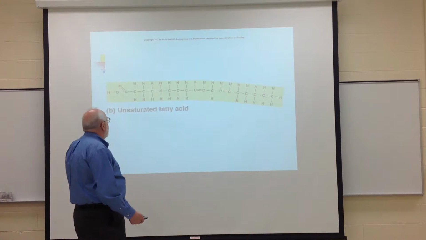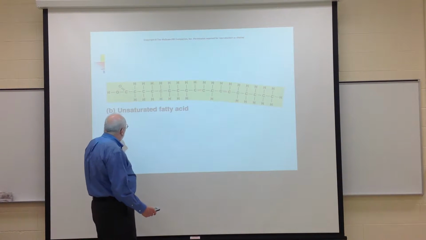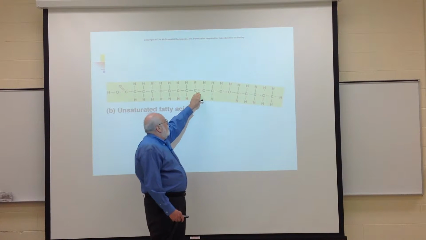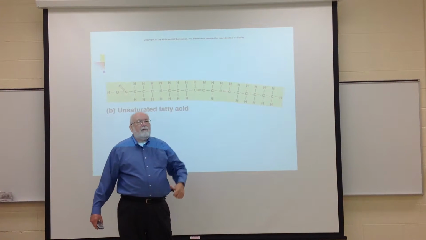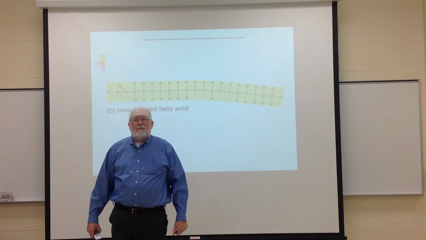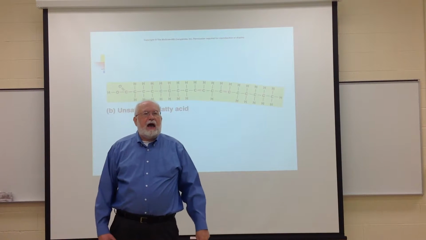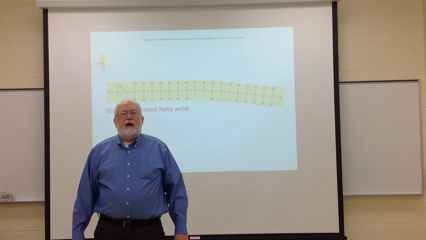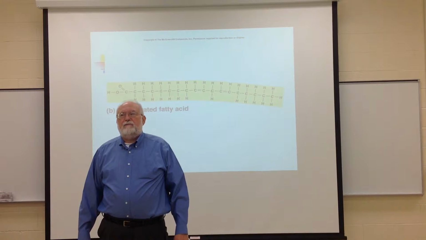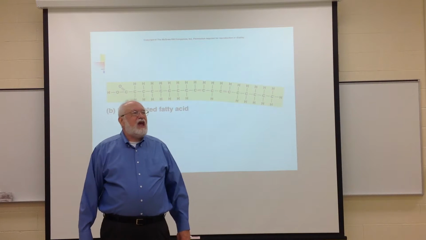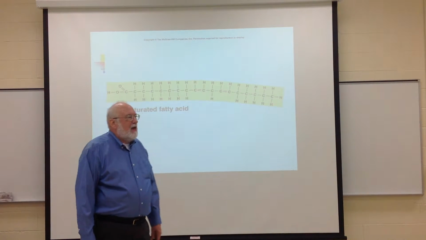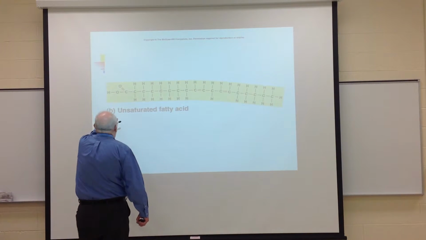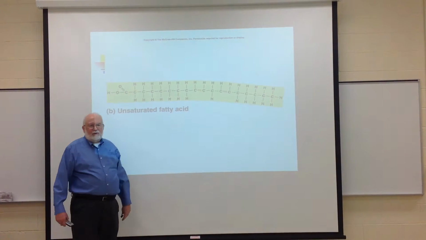Now, here, and this is mislabeled, 1, 2 double bonds. Now, every time you form that, remember, you got to take out a couple of hydrogens. But also, what happens when you put those double bonds in? The chain bends. Now, why is this not as labeled?